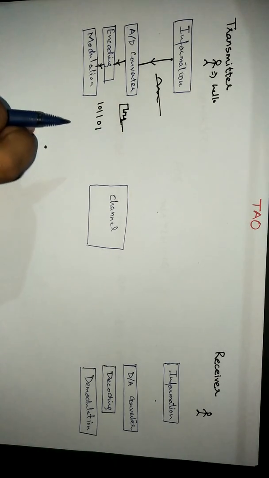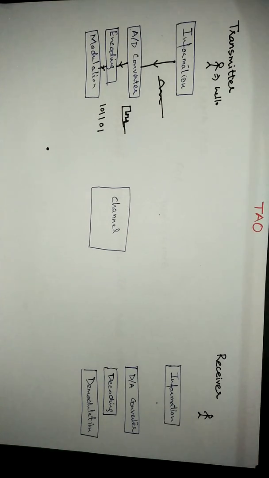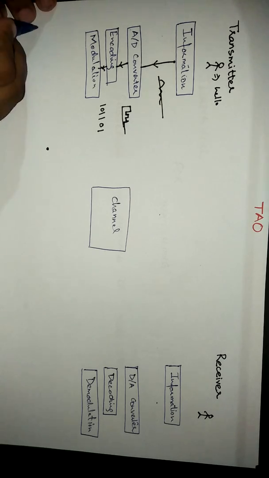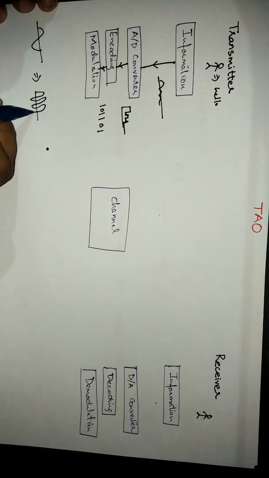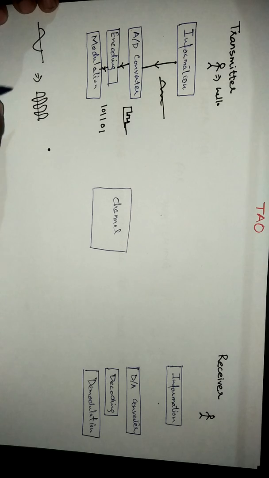Now after this encoding, it is modulated. Signal modulation is the main step through which we can communicate, because without modulation it is very difficult, even impossible, to communicate over a relatively longer distance. What modulation does is, for example, you have a message signal and you have a carrier wave that is a very high frequency wave. So you modulate this signal on the carrier and send them together like this.